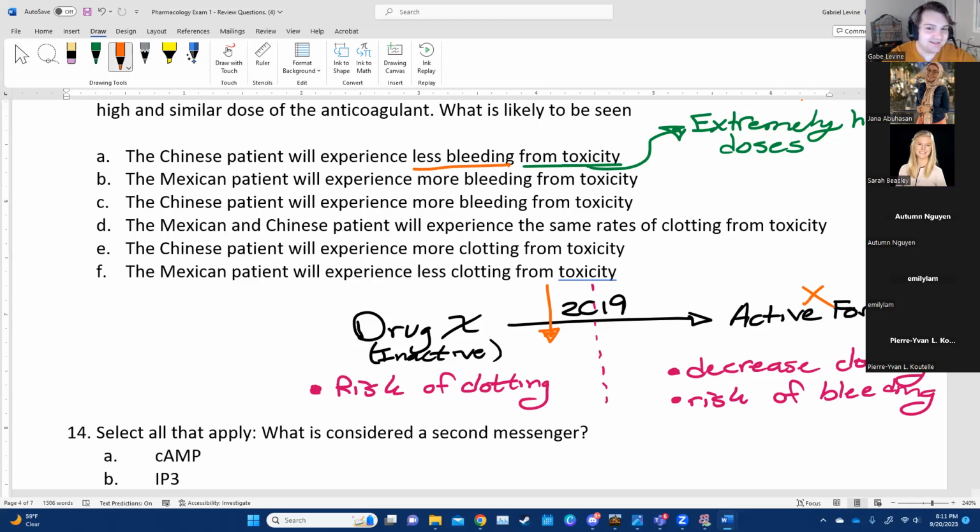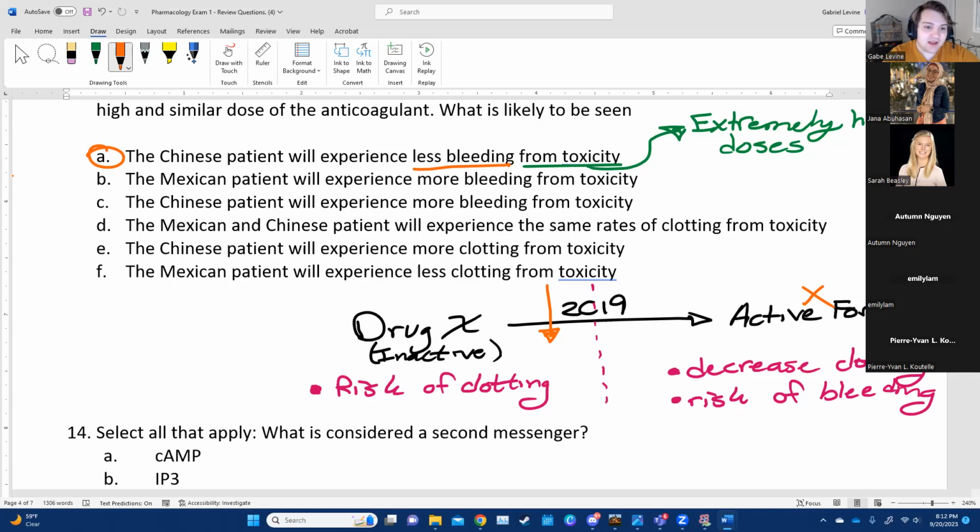Yes. If I gave you really, really high doses and you were a Chinese patient, you don't have any 2C19 to convert. So this would be true. A Chinese patient is going to have less bleeding, smaller risk for bleeding.